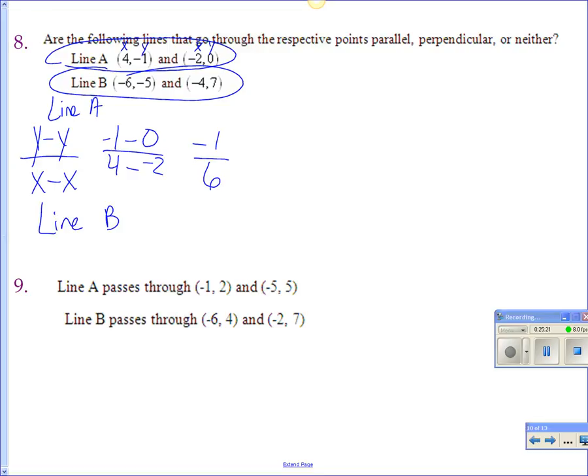Joey, help me with line B. What would I put into the formula? What are my two y's? Good. Perfect. Okay. Daniel, what do you get on top?